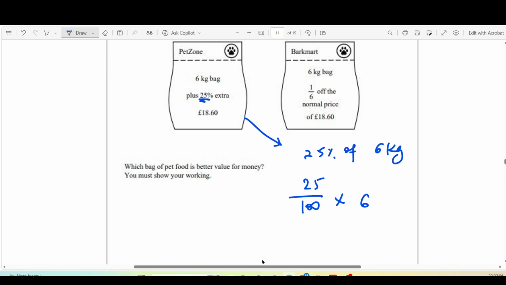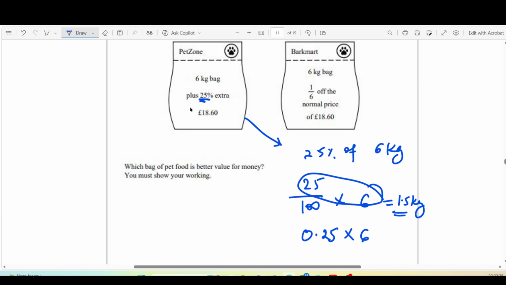If we multiply these two and divide by 6, we'll get 1.5 kilograms. Or like 0.25 times 6, because 25 divided by 100 is 0.25. If we multiply it by 6, we get 1.5 kilograms.